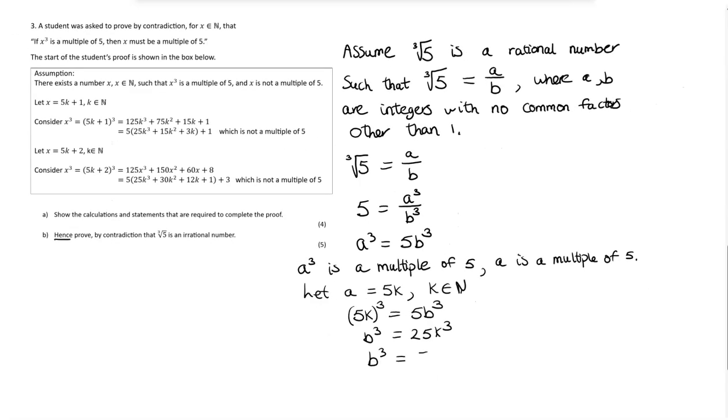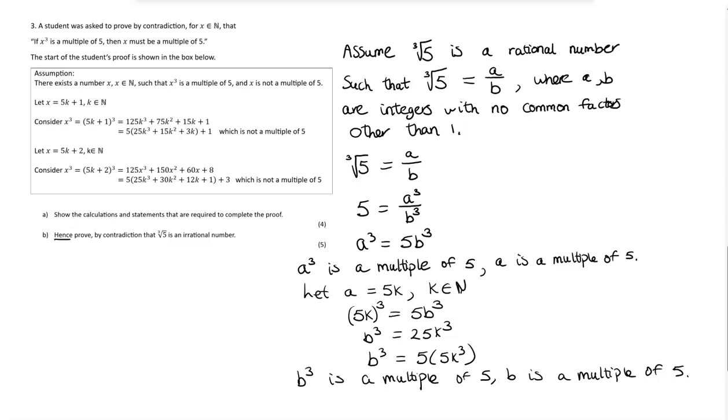So for b cubed, let's take out a factor of 5. So b cubed is 5 times an integer. If k is an integer, k cubed times 5 would be an integer. So what we've just shown is b cubed is a multiple of 5, which means b is a multiple of 5.